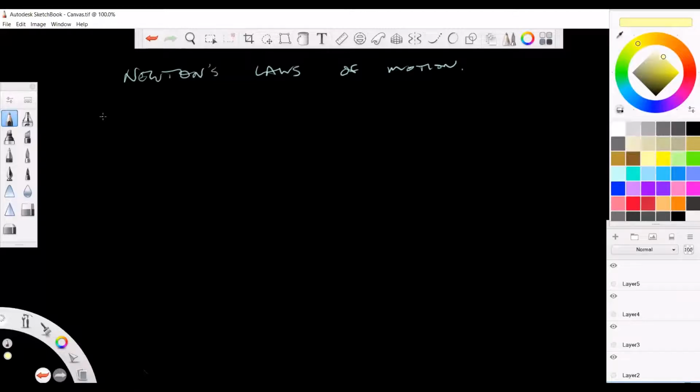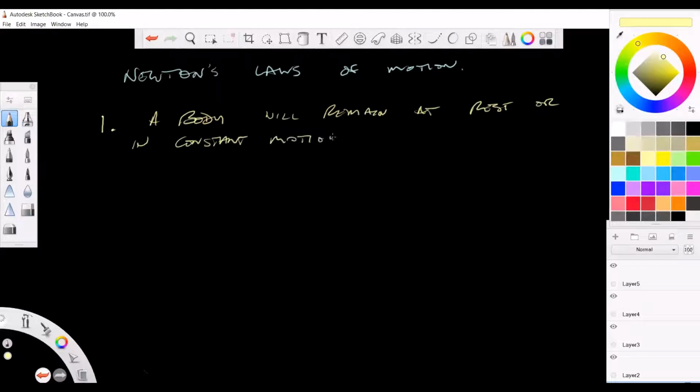But Newton's first law is that a body will remain at rest or in constant motion. Now, that's one to be aware of, because it means not only constant speed but constant direction.